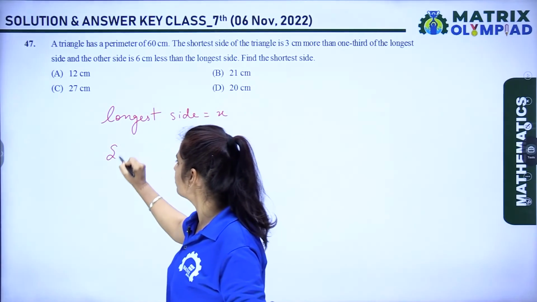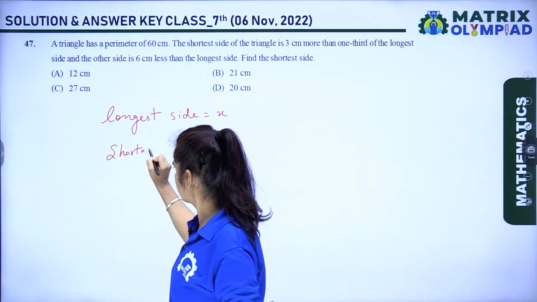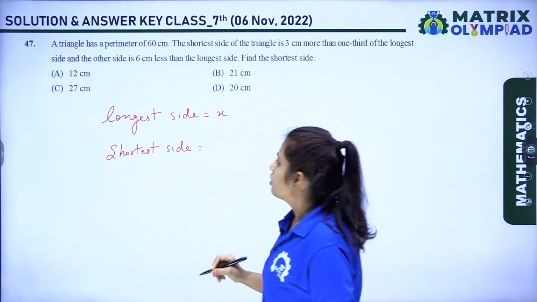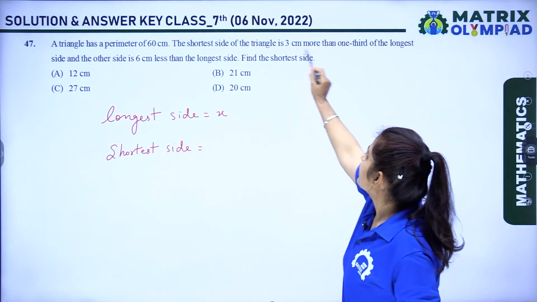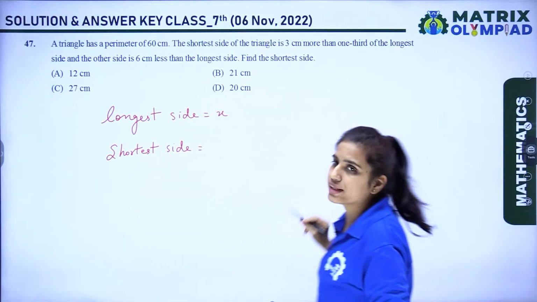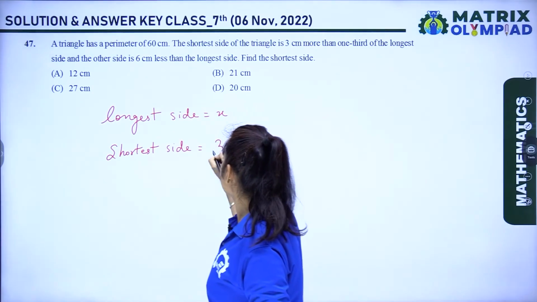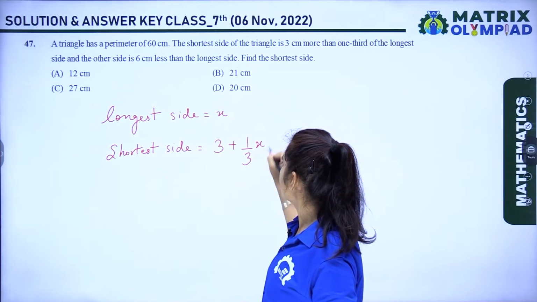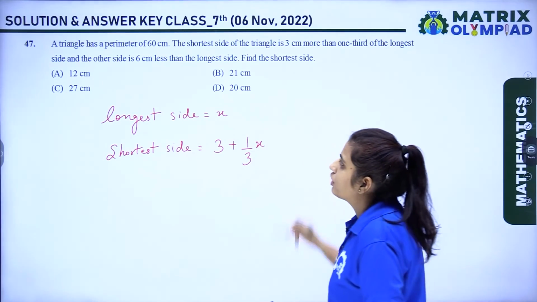Then shortest side, so the shortest side is 3 centimeter more than 1/3 of the longest side.